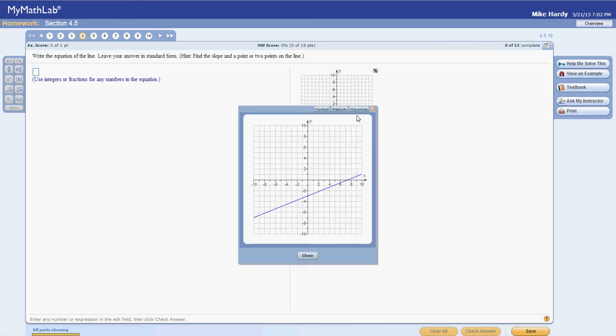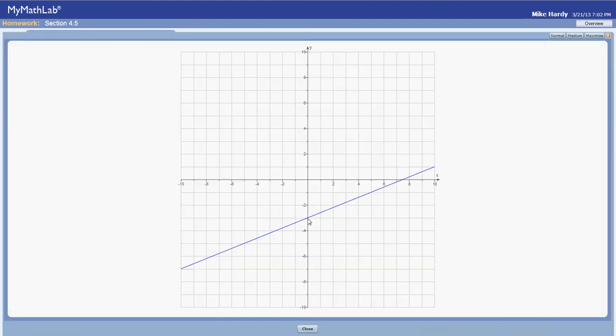Let's see if we can get a good estimate of the slope right here. So we've got this line. The x-intercept is often a second point I look for, but that's not terribly useful here. A good point, I'm hoping, though it may be slightly off, is the point (10, 1).